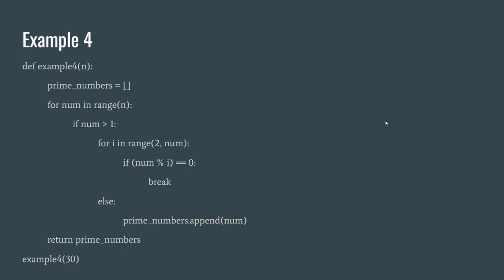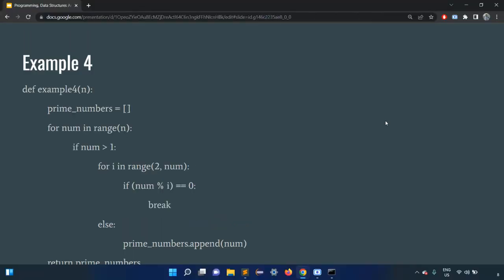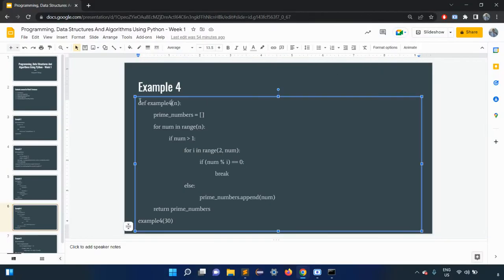When you solve step by step, you will definitely reach the solution, and try to understand what each step is doing. So here in example 4, when we call example 4 of 30, it will print something. We have to check what the output is and what this example 4 is doing.